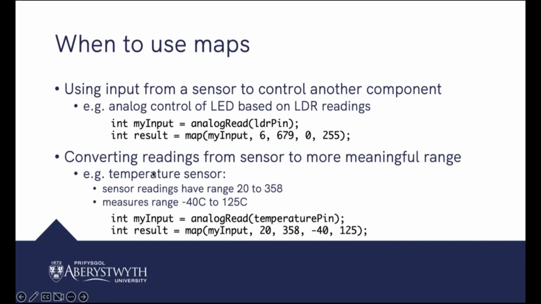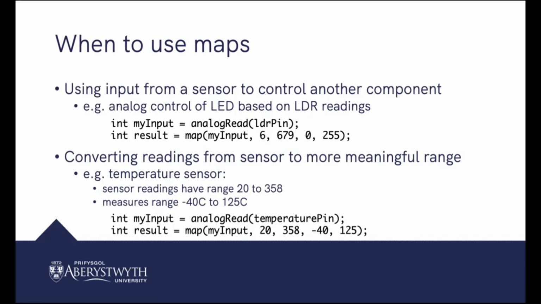But the other thing we can do with this map function isn't necessarily just directly controlling the LED. We could convert sensor readings into something a bit more meaningful. Now, I mentioned the temperature sensor already, and if we find out what the sensor reading values are, it gives us numbers between 20 and 358.